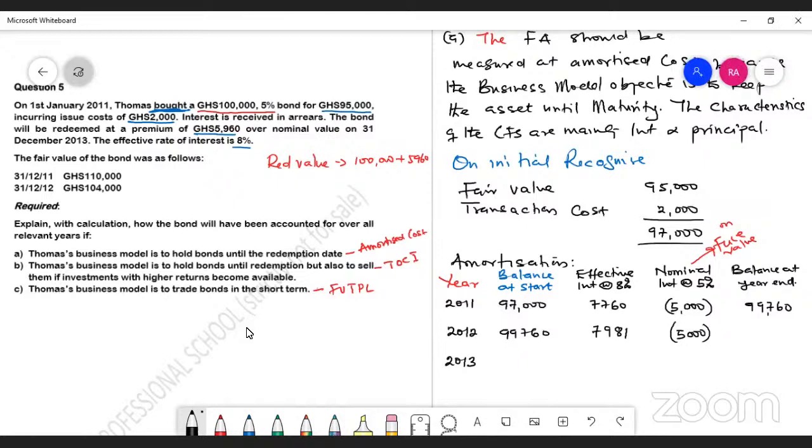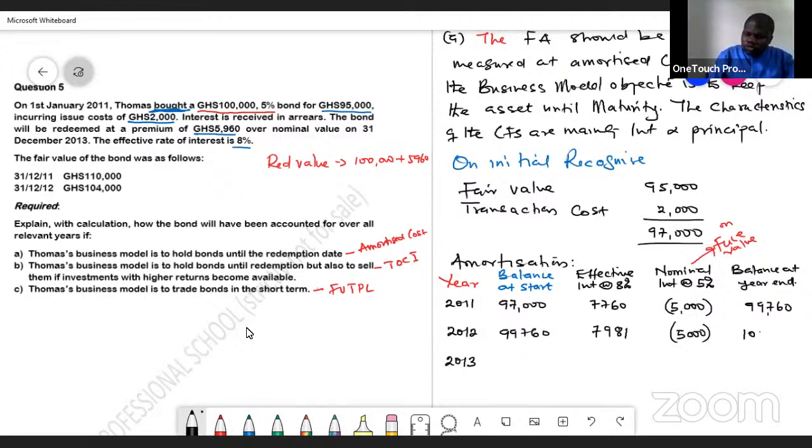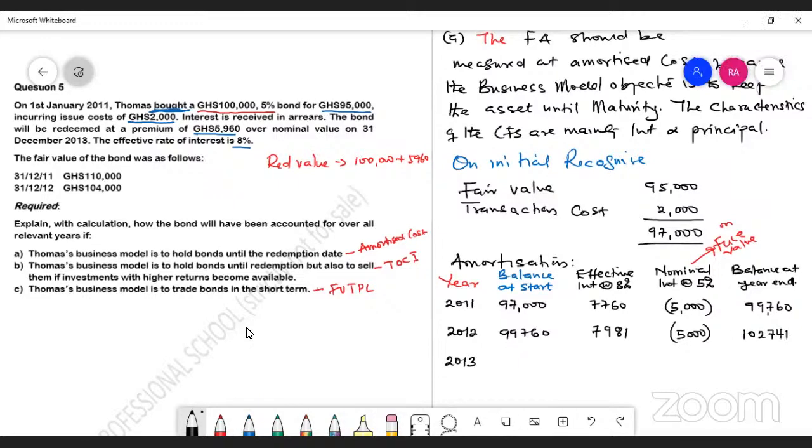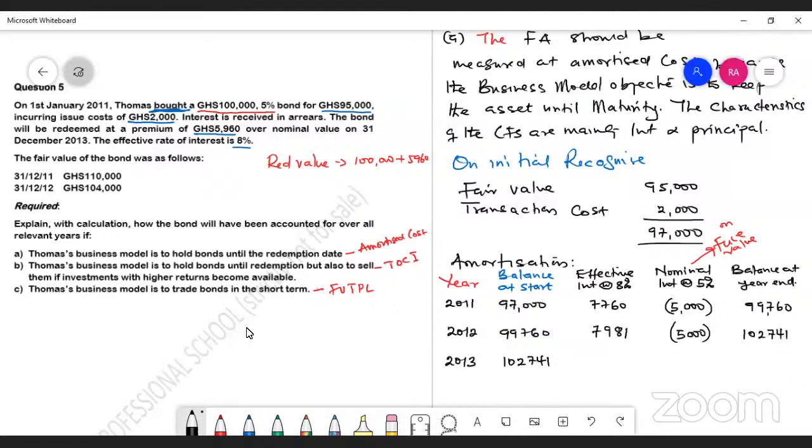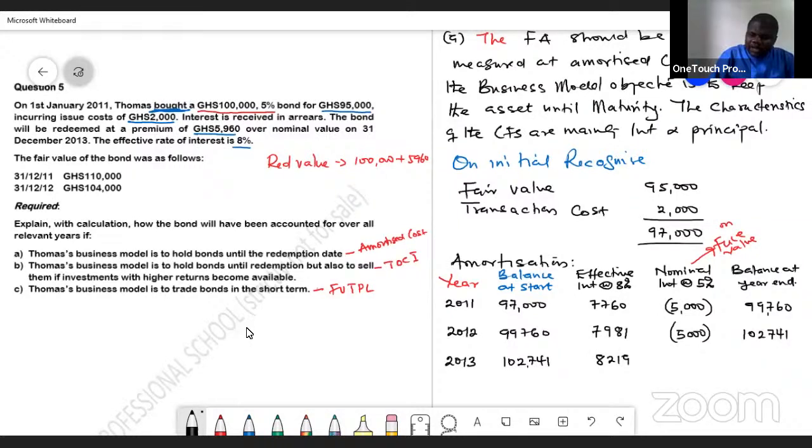That's 102,741. So 8% of that will give us how much? 8,219. Yes.